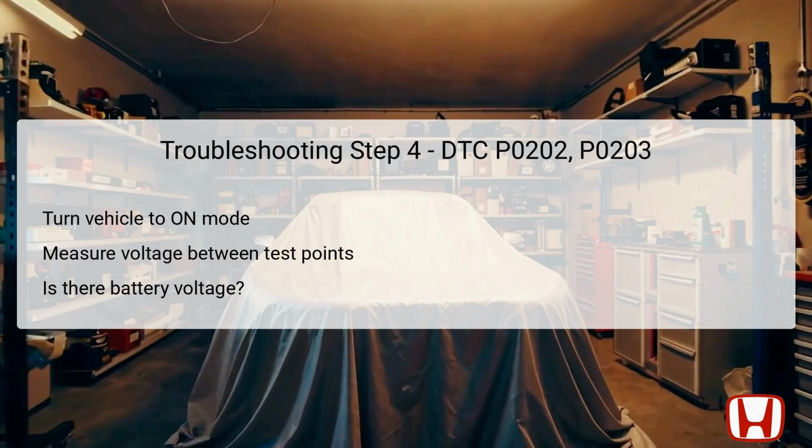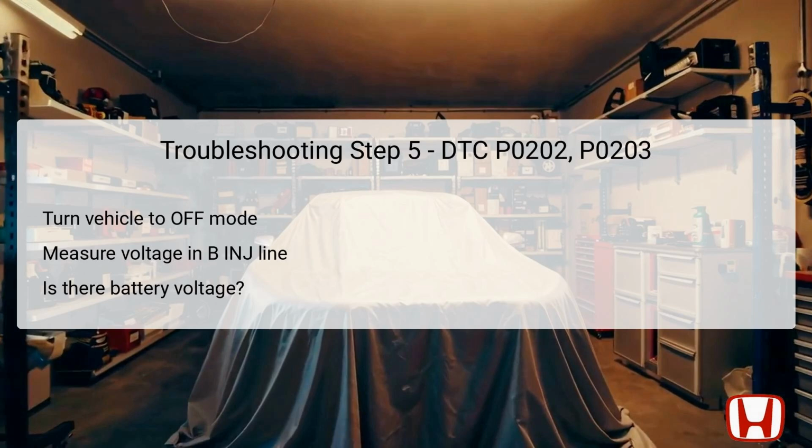If battery voltage is present, it indicates that the FI main relay output wire is operational, confirming that power is reaching the appropriate circuit. If no voltage appears, an open wire condition is present, necessitating further inspection and potential repairs in the wiring pathway between the fuel injection FI main relay and the injector relay.